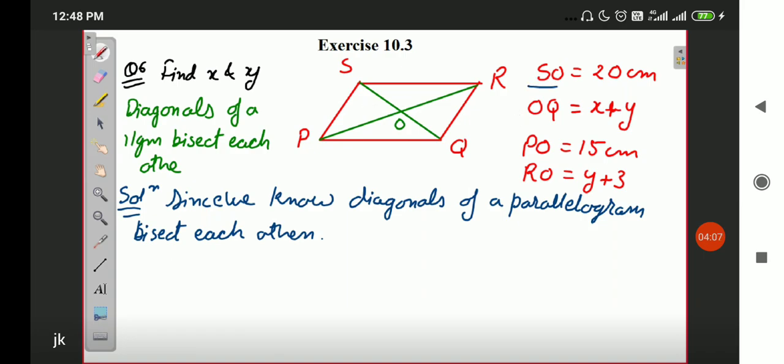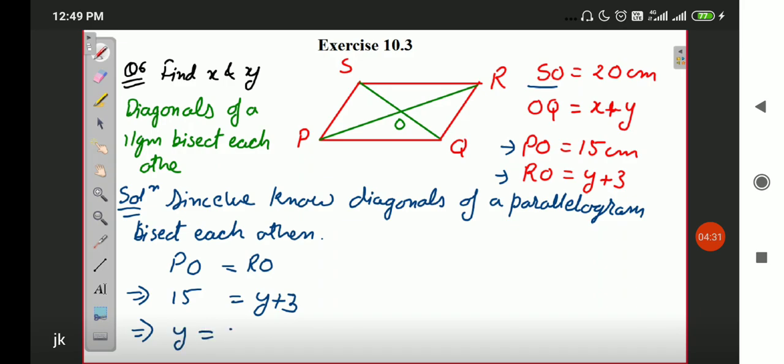SO and OQ will be equal. But before that, let me take the other pair. PO and RO will also be equal. That means PO was 15 centimeter, RO was y plus 3. So by solving this, we can easily determine the value of y. That will be 12 centimeter.